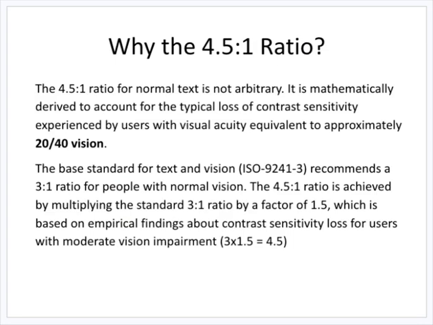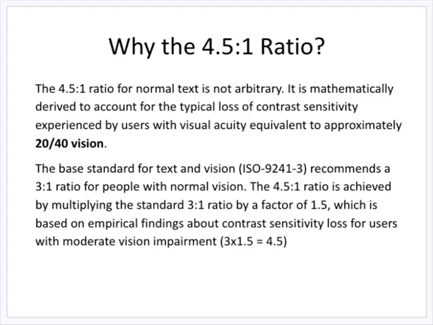First, we will understand why we adhere to the 4.5 to 1 ratio. The 4.5 ratio for normal text is not arbitrary. It is mathematically derived to account for the typical loss of contrast sensitivity experienced by users with visual acuity equivalent to approximately 20/40 vision.